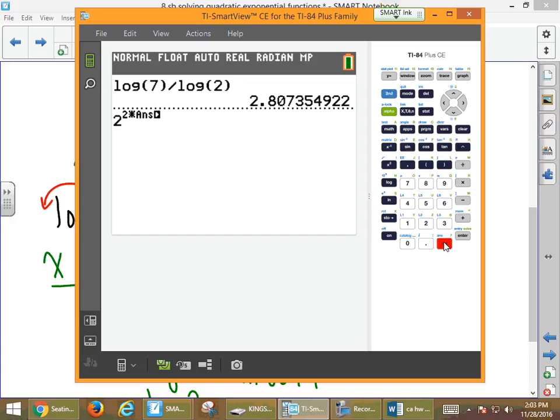And it's going to take our value, log 7 divided by log 2. It's taking this value and putting it in here. Arrow, right arrow, minus 3 times 2 to the, well, again, we need that answer. So second answer. And when we press equals, hopefully we get 28. So we know that we have at least that part of the problem correct.